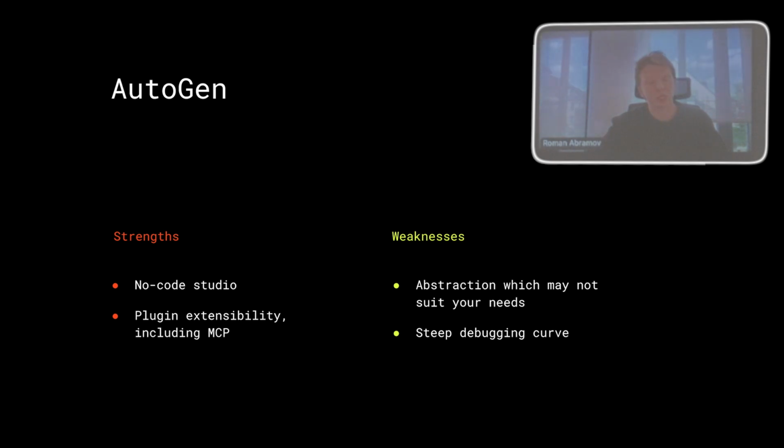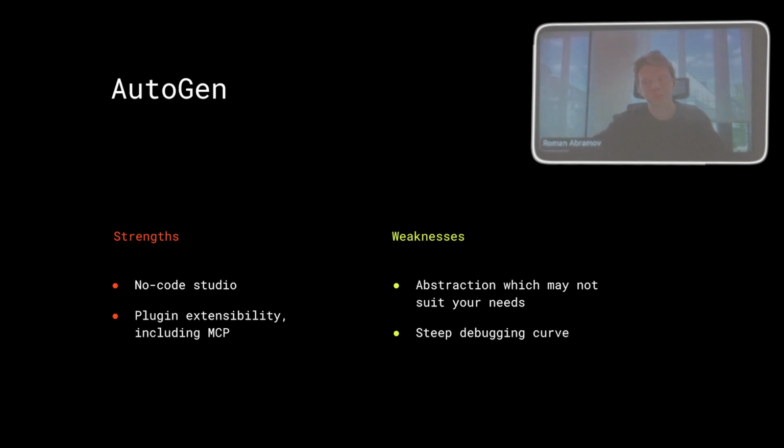There's also Autogen, which was created by Microsoft. The really outstanding feature of that is that it has a no-code studio, so you don't even have to code in order to get AI agents to work, and you can basically create simple agents using just a graphical interface. But we all understand that no coding means that you have even less control of what is going on and how flexible it could be.